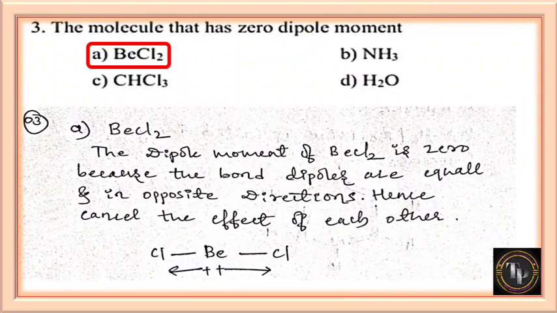Bond dipoles are equal means on both sides the bond length is equal and the dipole moments are in opposite directions, therefore they cancel each other. The bond dipoles are equal and in opposite directions, hence they cancel the effect of each other. Therefore the net dipole moment of barium chloride is 0. I hope you understood.